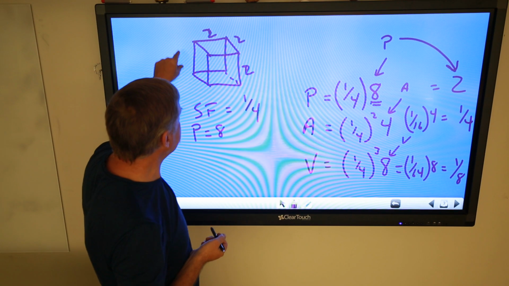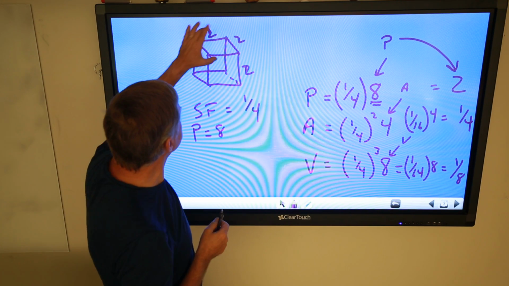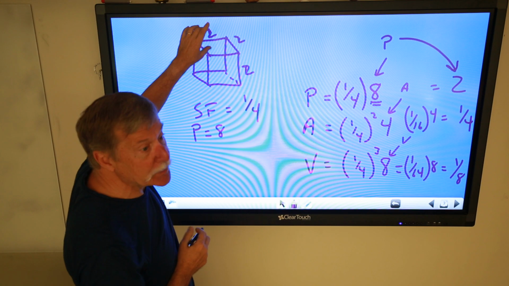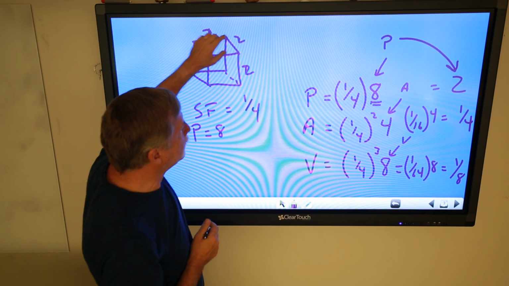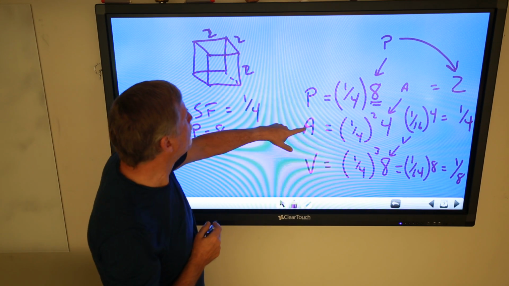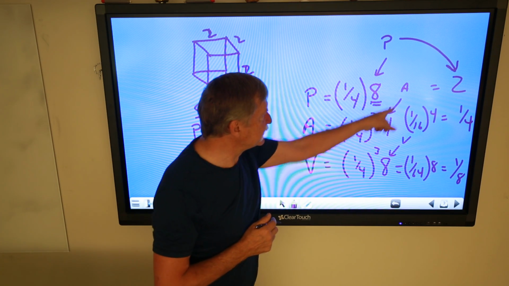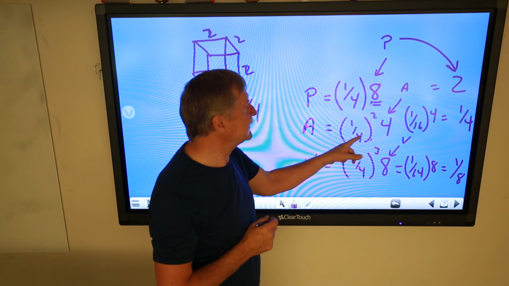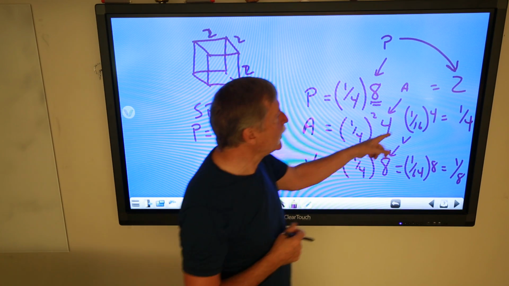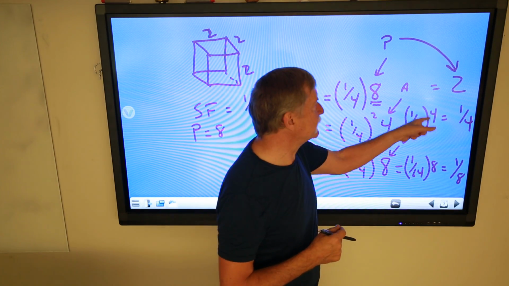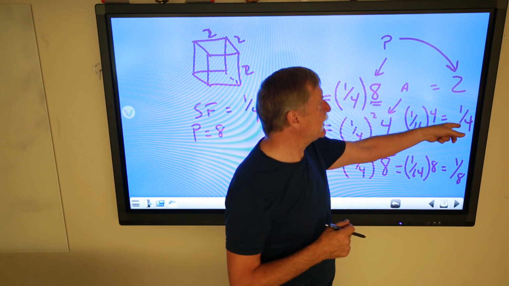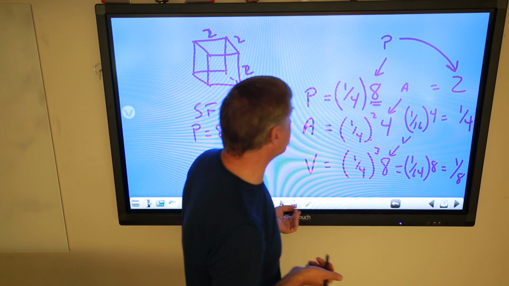When we look at the area of this cube, if I'm just looking at the area of the top square, for example, then what I'm talking about is 1/4, the scale factor, squared times the area 4. And now it's 1/4 times 1/4, or 1/16 times 4. So now that area has gone down to 1/4.